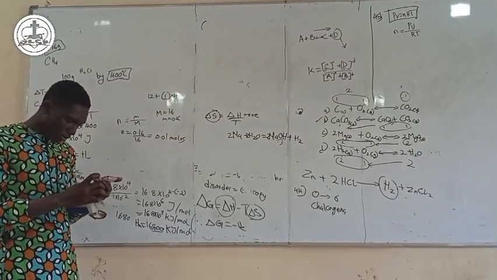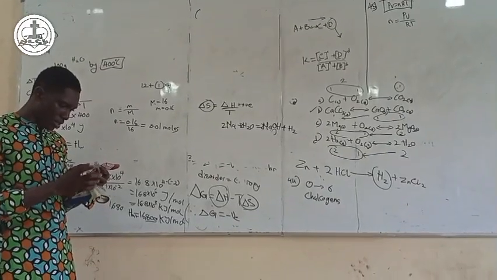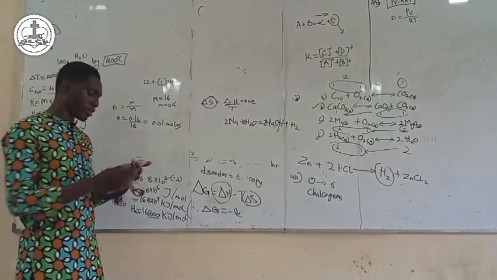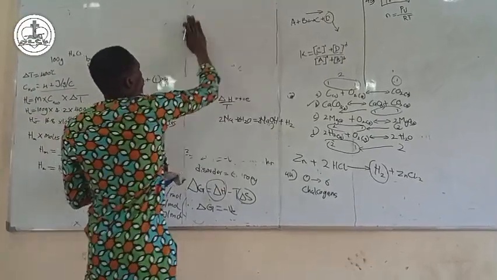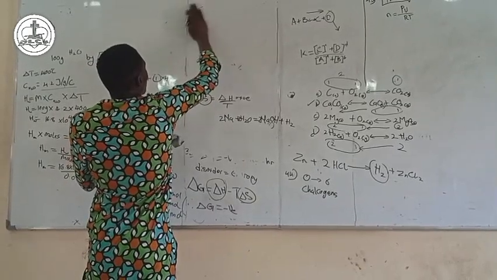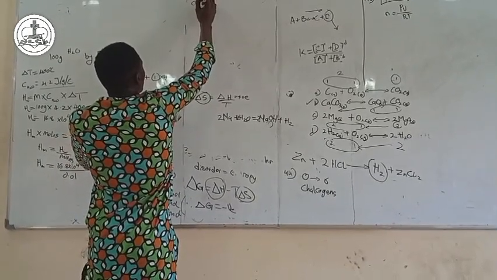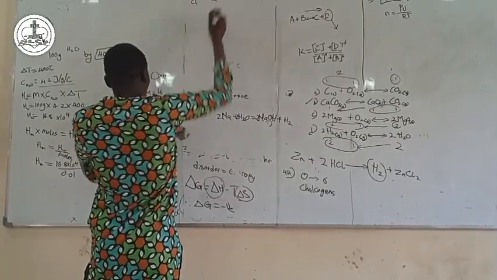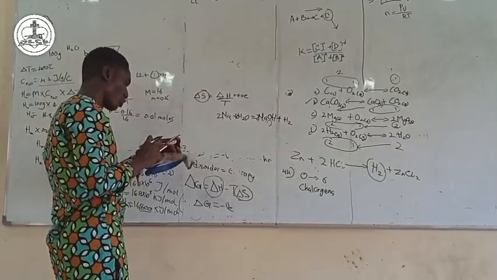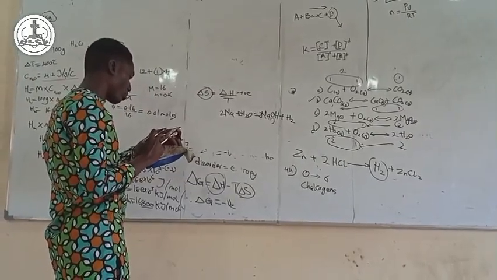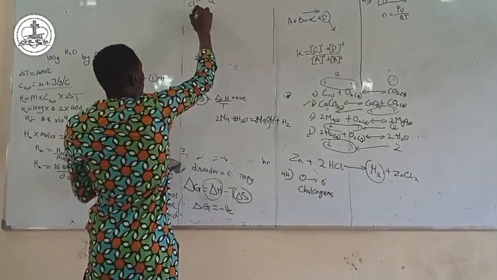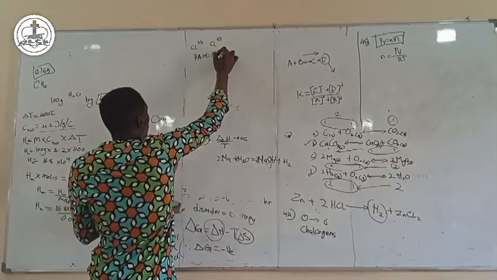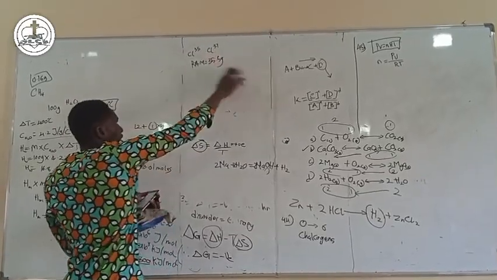So moving on to number 50. It said chlorine consists of two isotopes of mass numbers 35 and 37, and has a relative atomic mass of 35.5.